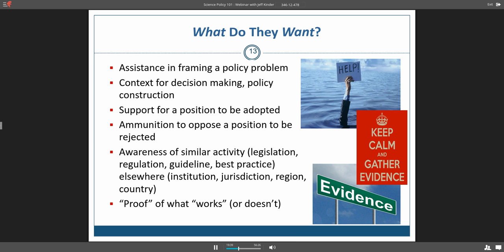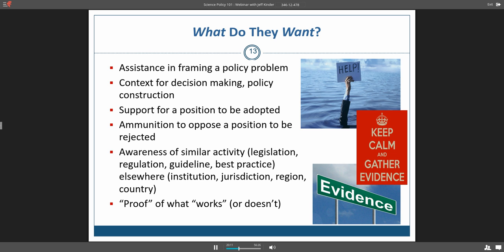to our decision makers, and so that leads us to the question: well, what do they really want? Because sometimes we have to analyze what they think they want and what they say they want and what they really want. And so it's not just insights from science, but also assistance in framing a policy problem, providing context. Sometimes it's to support a position that they've already decided on, and we have to be aware that that happens.